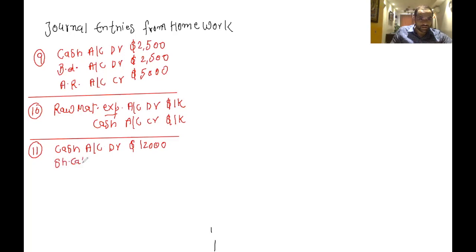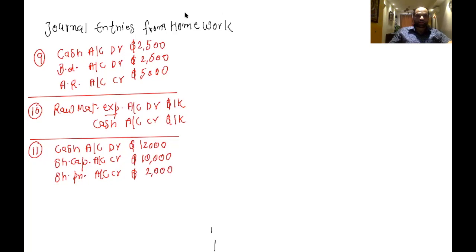Share capital account credit, because share capital is equity. If equity increases, equity credit. So equity credit by 10,000 because $10 each, and share premium account credit. Share premium is also equity. If equity increases, credit, which is 2,000. All right, so that's your number 11.